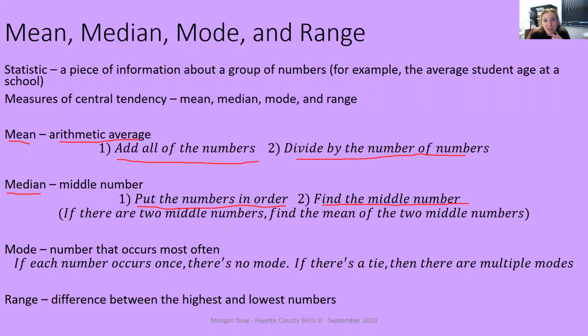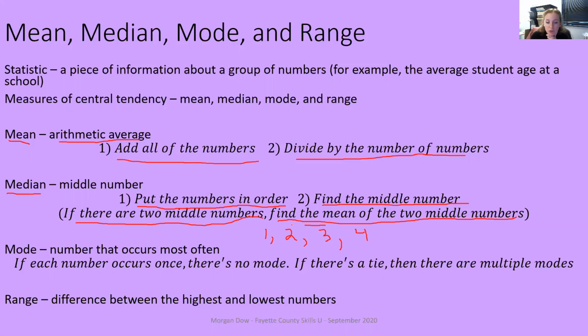Now, if you have an even number of numbers, you're going to find that there's actually two middle numbers. But the median isn't two numbers, the median is just one number. So if there are two middle numbers, what you do is you find the mean of the two middle numbers. So you find what's in the middle of those two middle numbers. For example, let's say we wanted to know the median of 1, 2, 3, and 4.